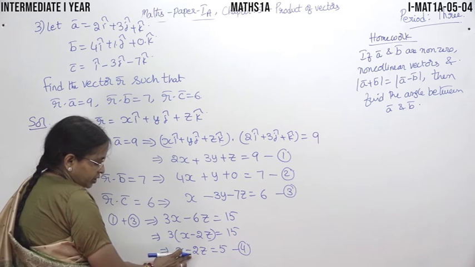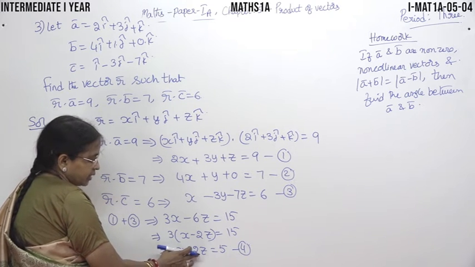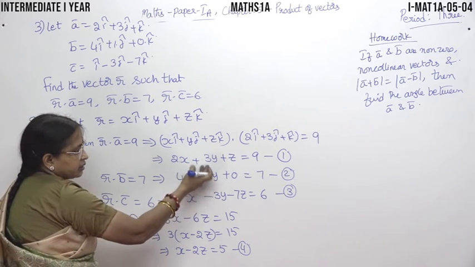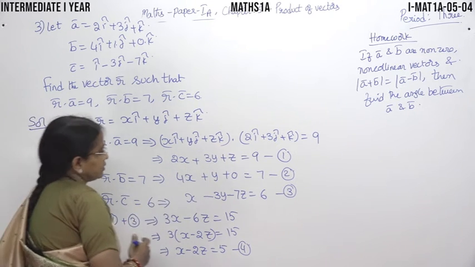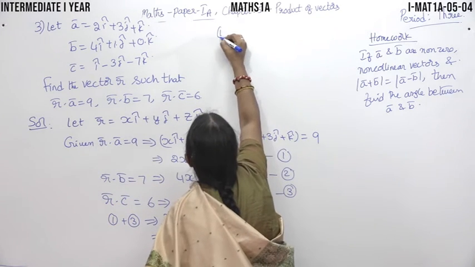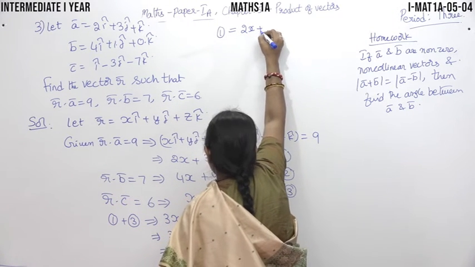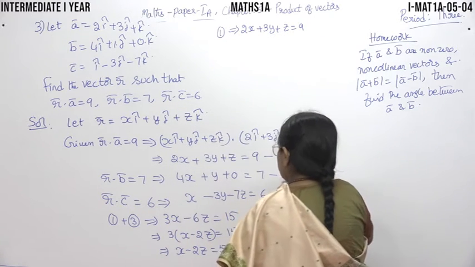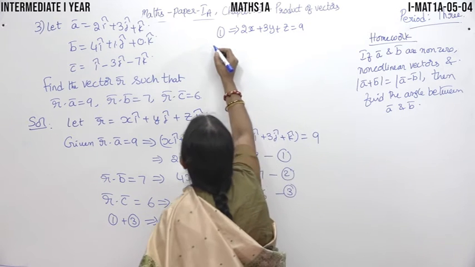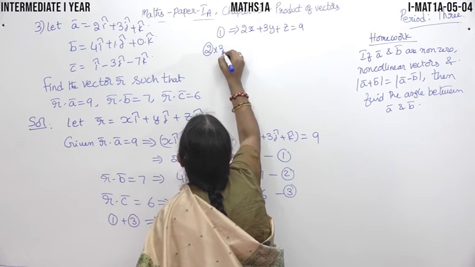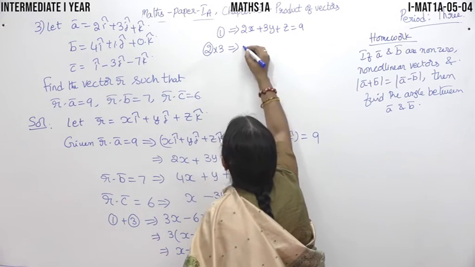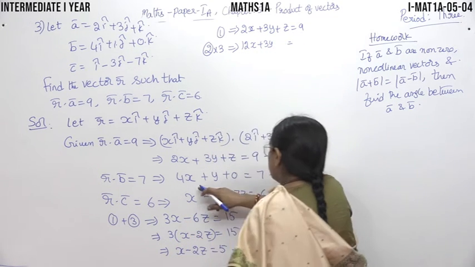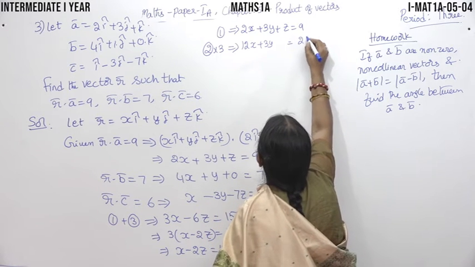Now you got one equation containing x and z. In the same way you can take the other two equations also and cancel y. Multiply this by 3 and cancel. So equation 1 is 2x plus 3y plus z is equal to 9. And then multiply the second equation by 3 so that y gets cancelled. So it becomes 12x plus 3y and 0 is equal to 3 times 7, that is 21.